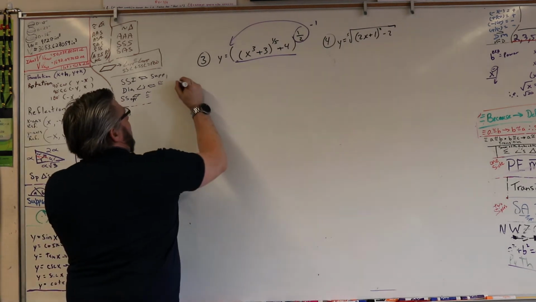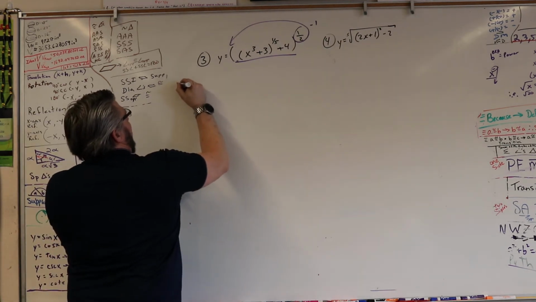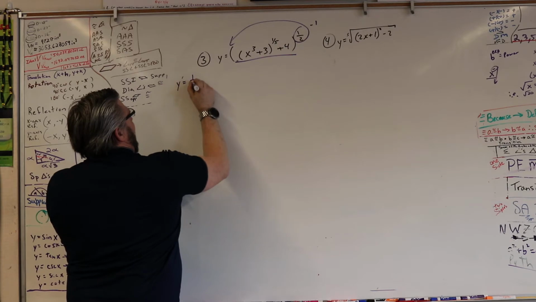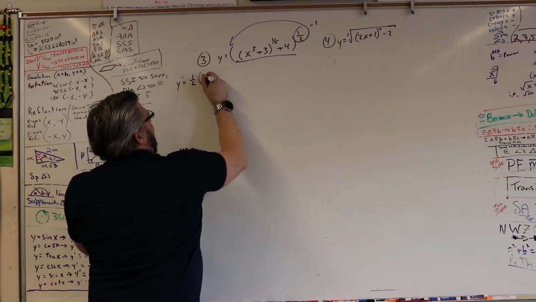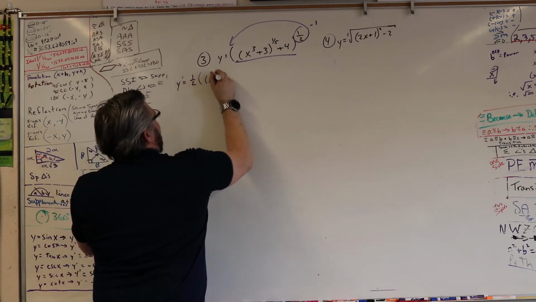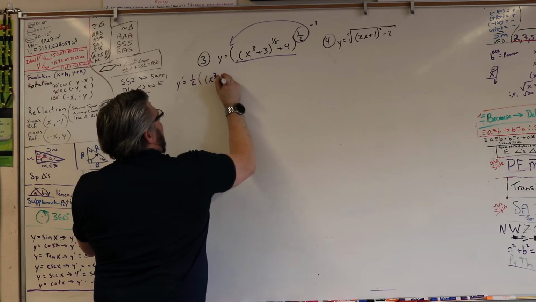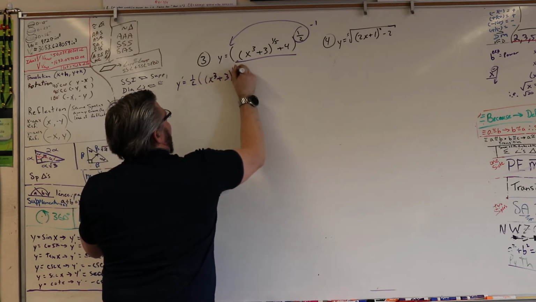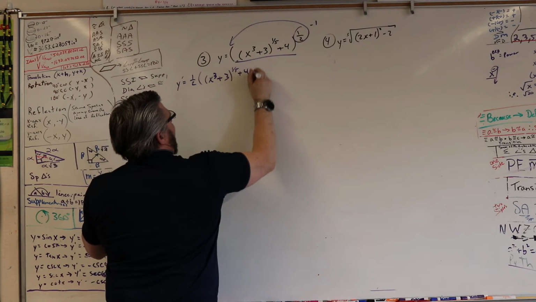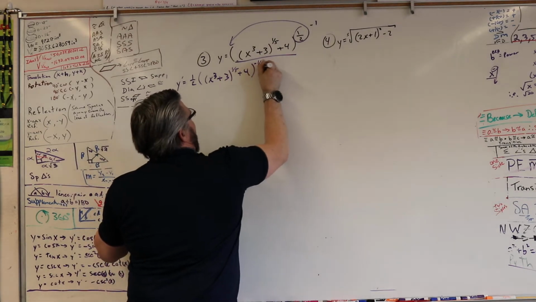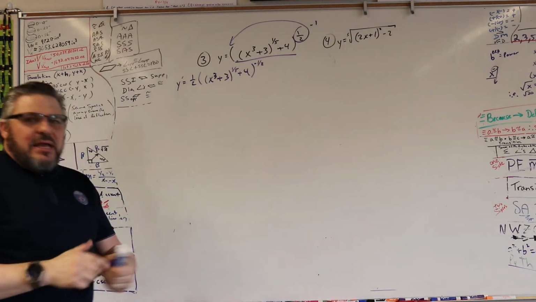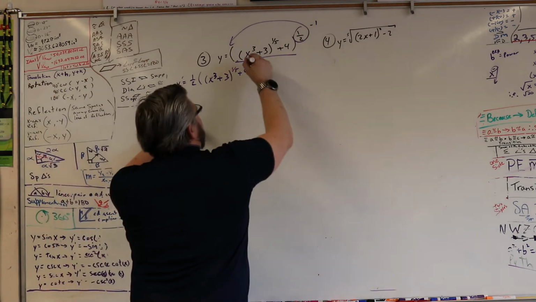So you'll have y prime is equal to 1/2 times the quantity of x cubed plus 3 to the 1/5 plus 4 to the negative 1/2. Okay? And then we got to do this inside, right?